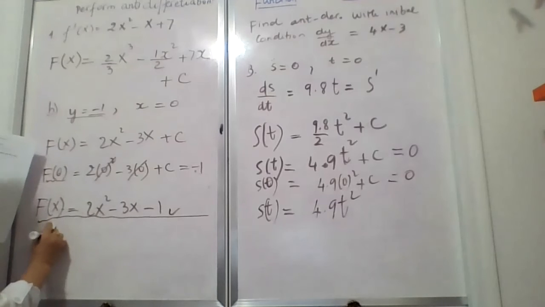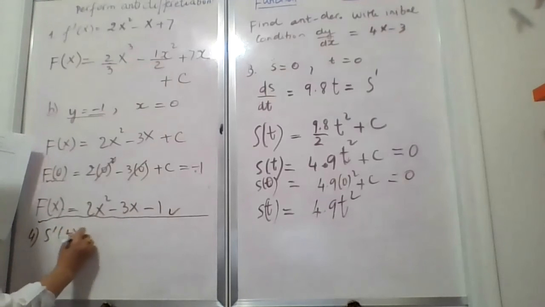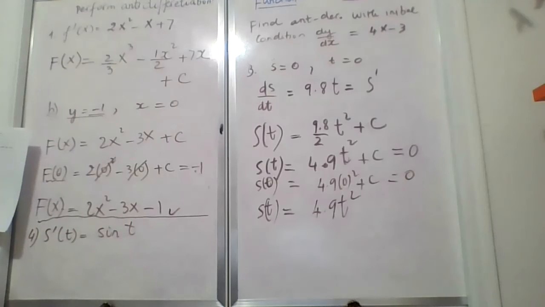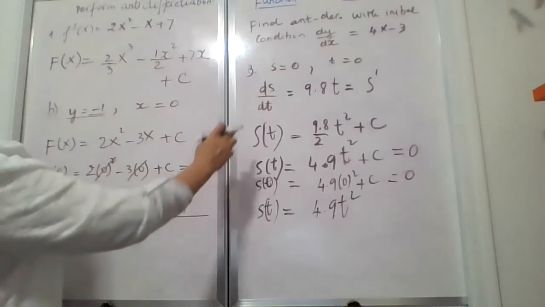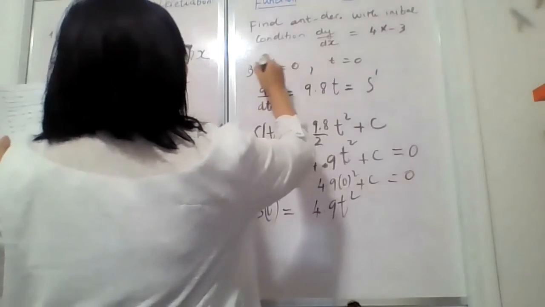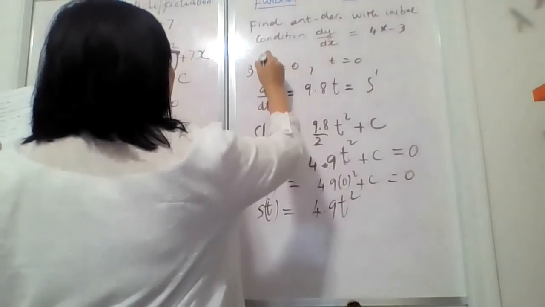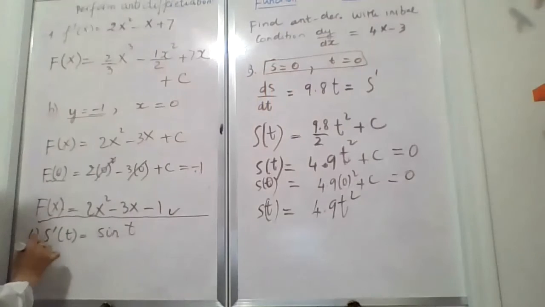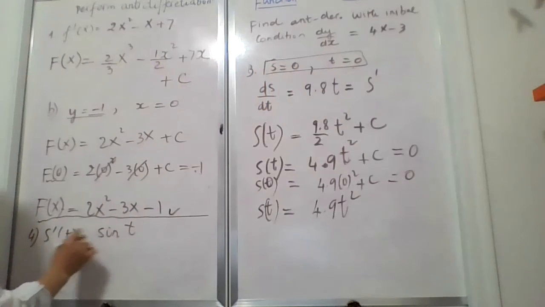Let's say that question 4, s prime of t equals sine t. And we still are given this condition, okay, s equals 0 and t equals 0.